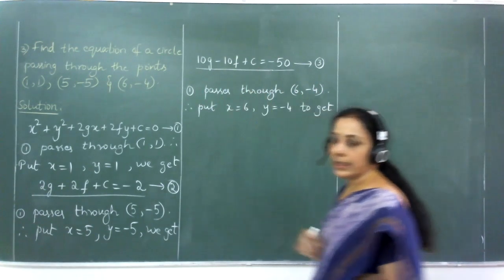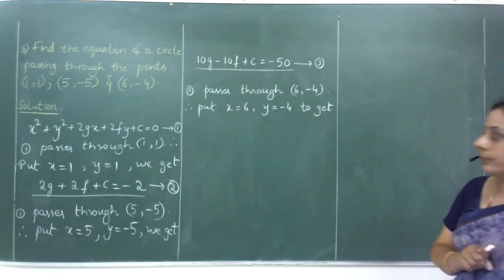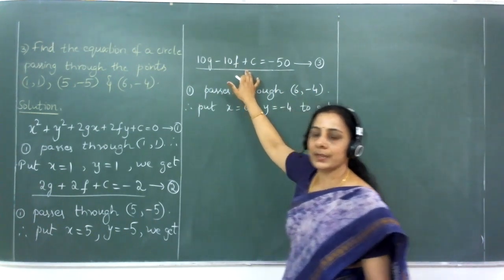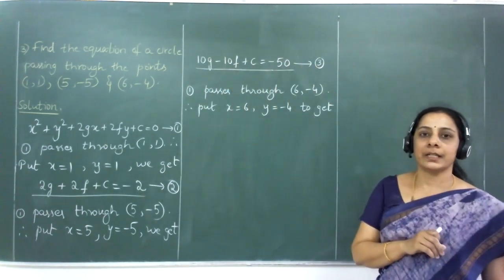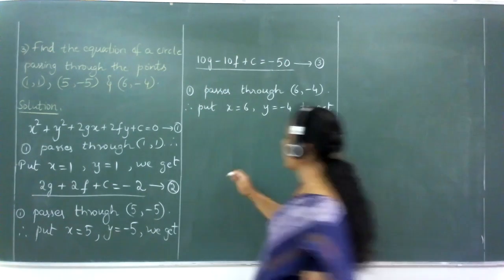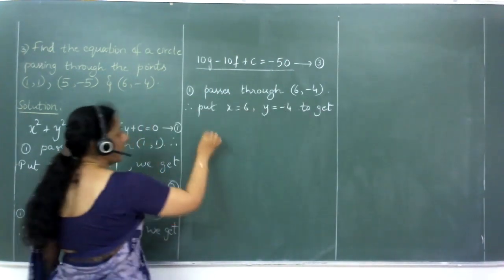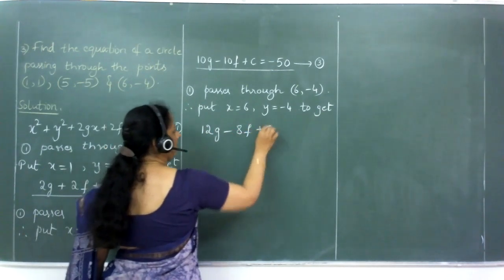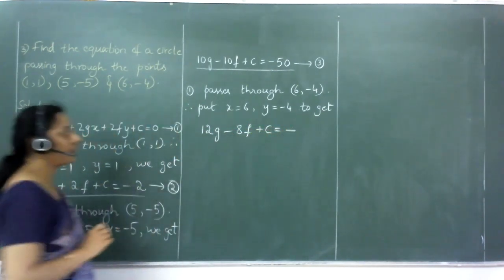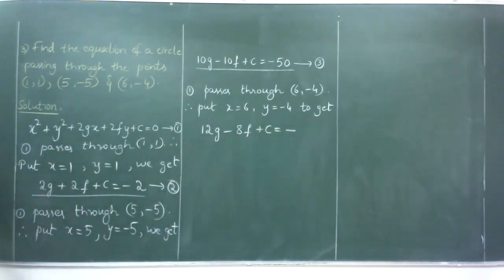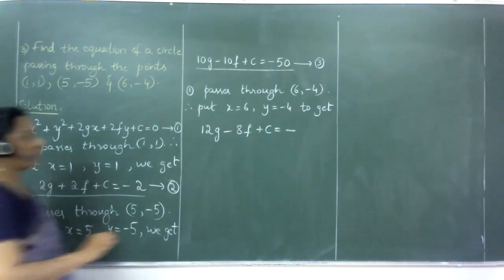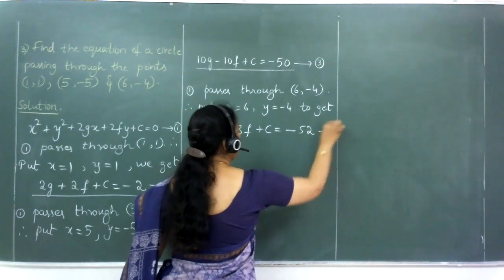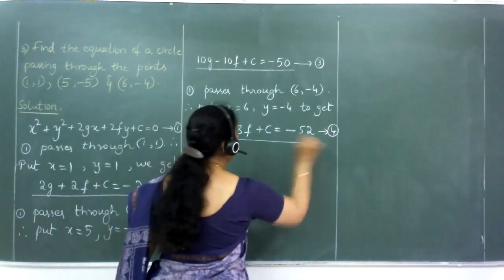We will again reduce the equation to the above form. That means we have all the three parameters in the LHS of the equation and the constant shifted to the RHS. So that we have here 12g minus 8f plus c, which is equal to minus 52. And we consider this as equation number 4.